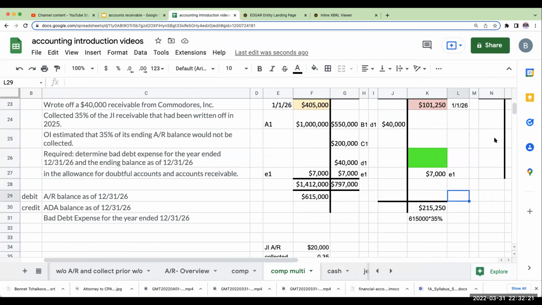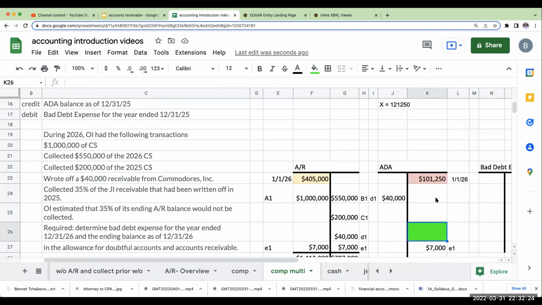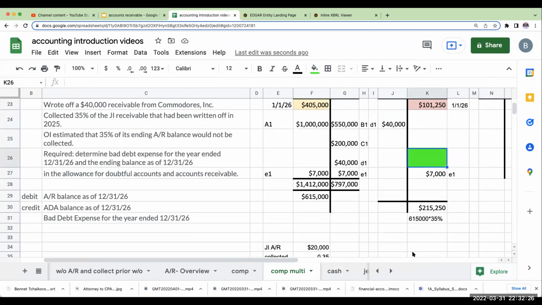My bad debt expense is going to be a debit to bad debt expense and a credit to the allowance account. So here I'm going to say, well, 101,250 plus Y plus 7,000 minus 40,000 is equal to 215,250. Okay, so what's another way we could write this?